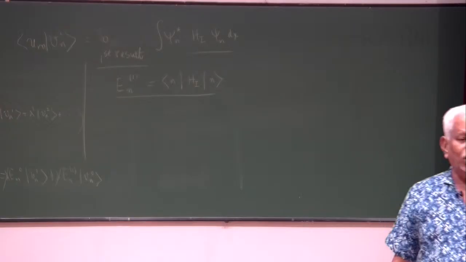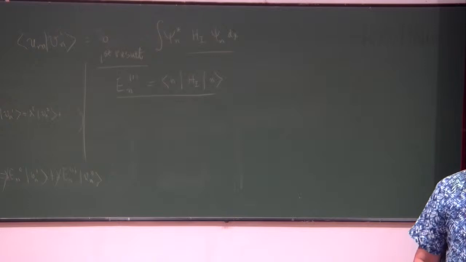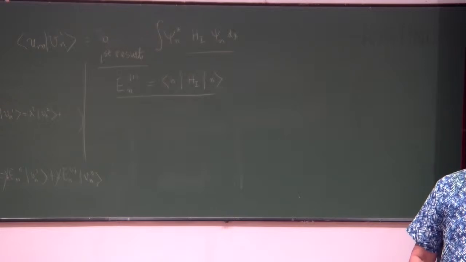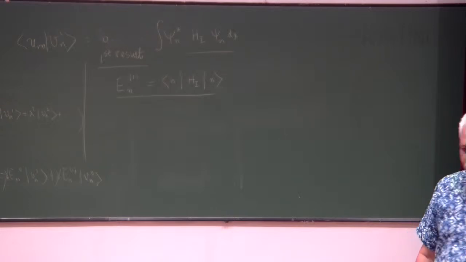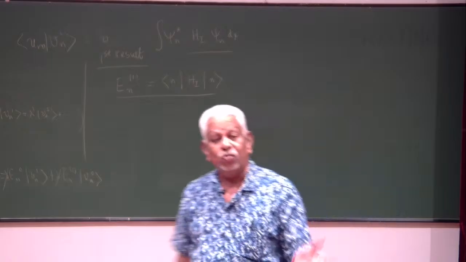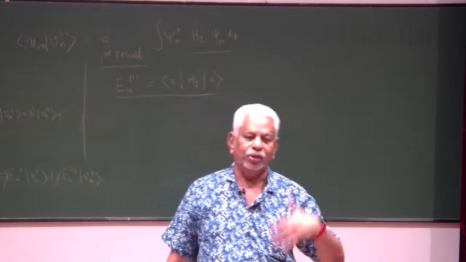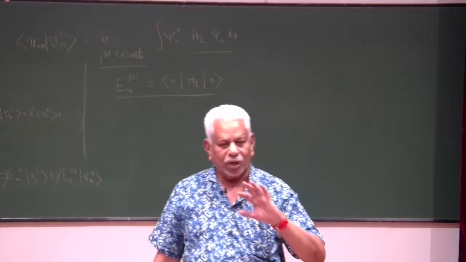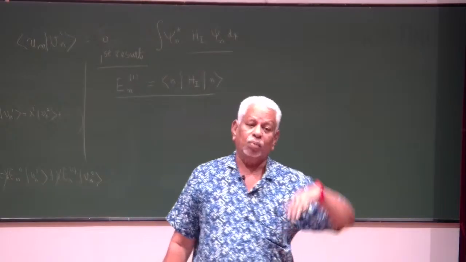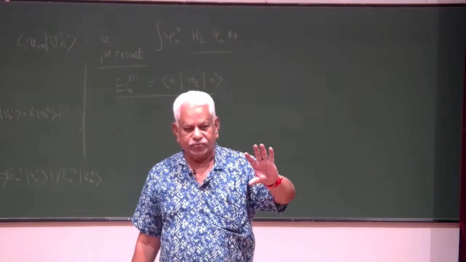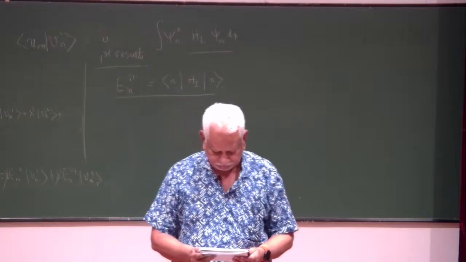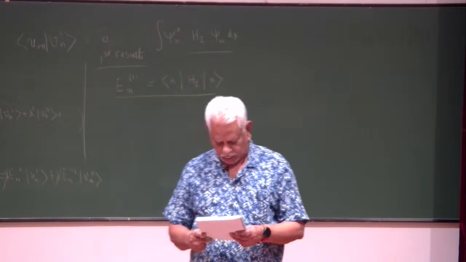We don't have to know Vn1. That is not needed. To that order, it's only this much. When you want to find the second order, you need to know other things, but to the lowest order, the previous eigenfunction is enough. Okay, that is the first part about it.